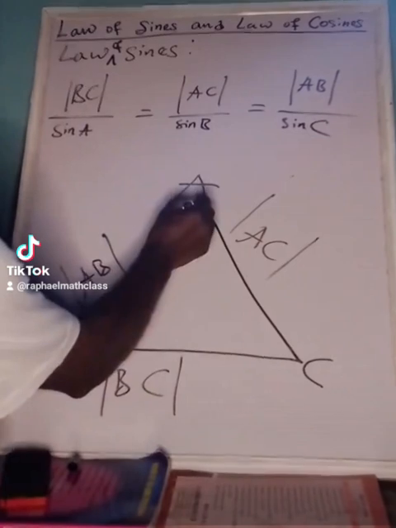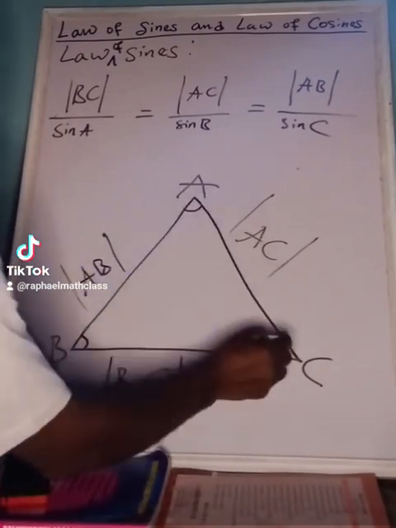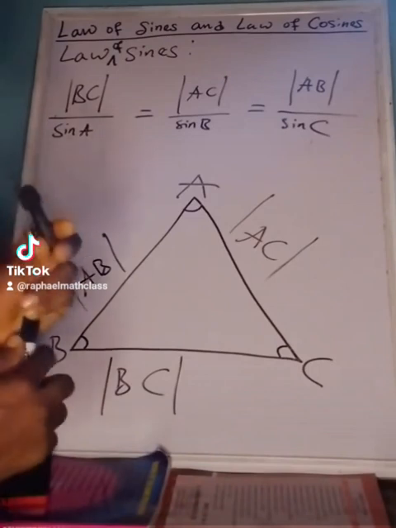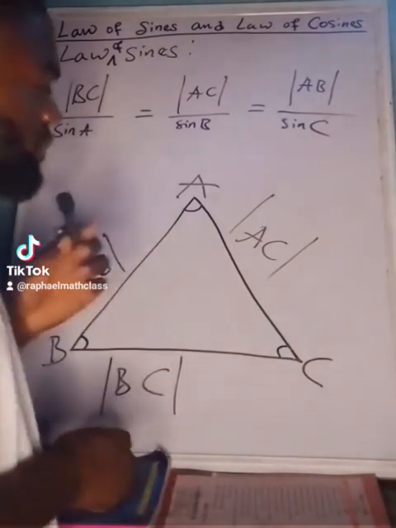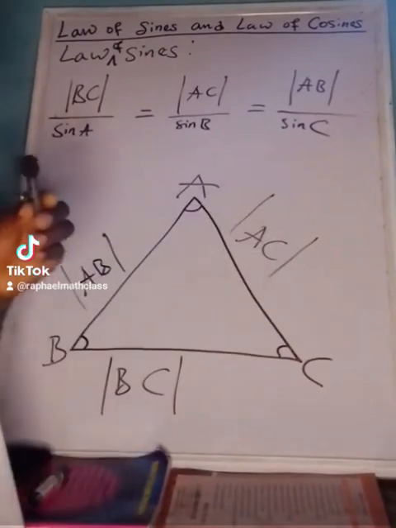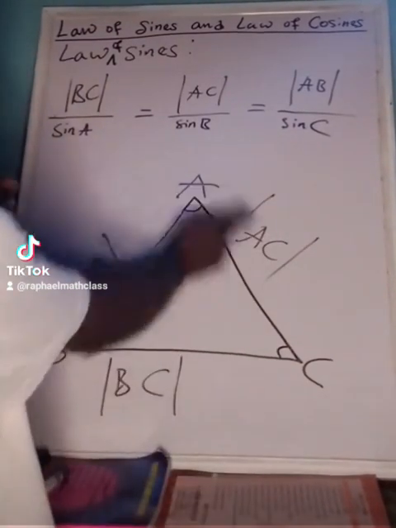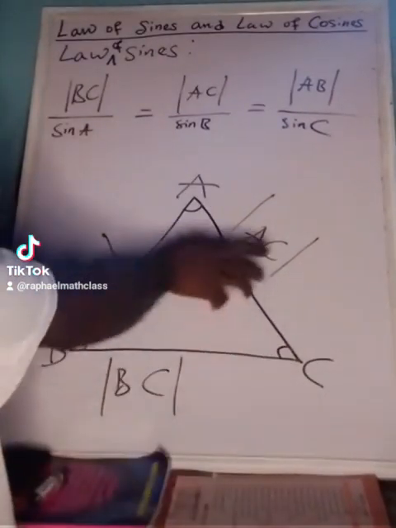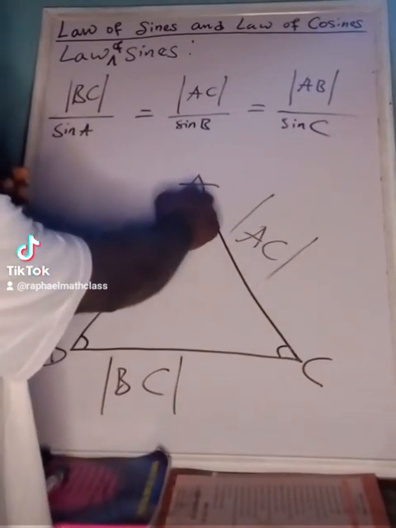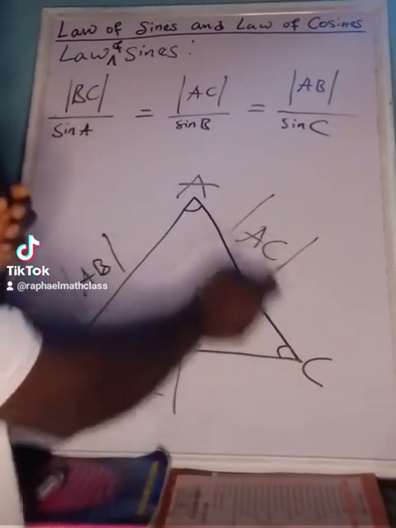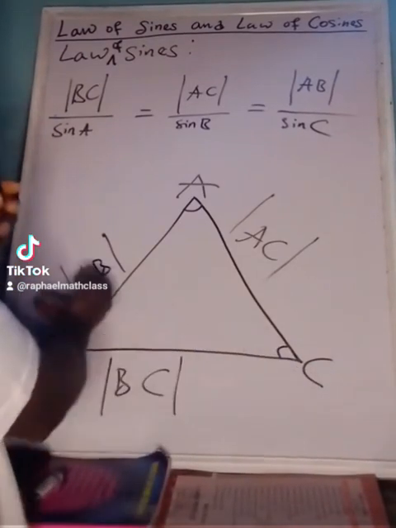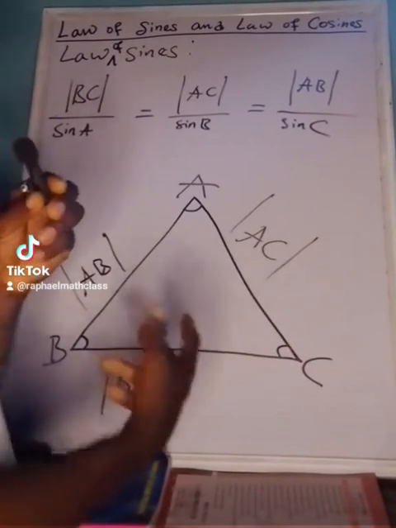These are our angles. Every one of these angles has a side that is facing it. Now, angle B has side AC. AC here indicates that the side is running from A to C. Then, angle C has side AB that is opposite it.